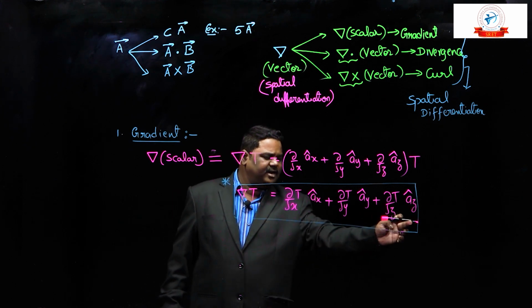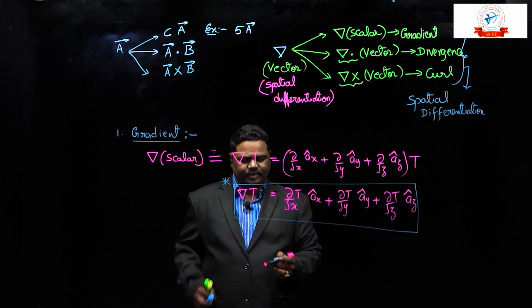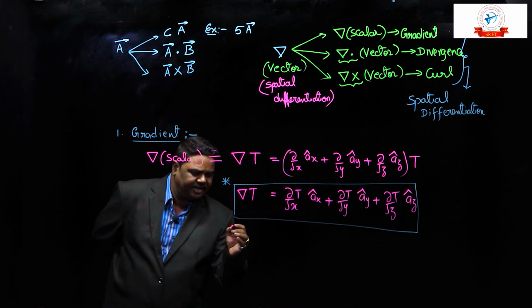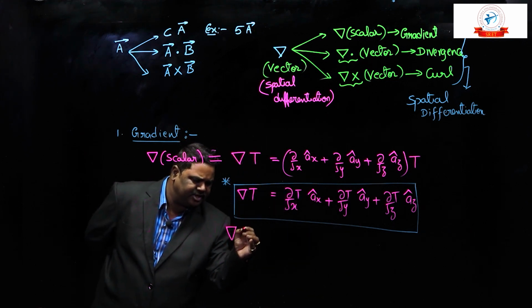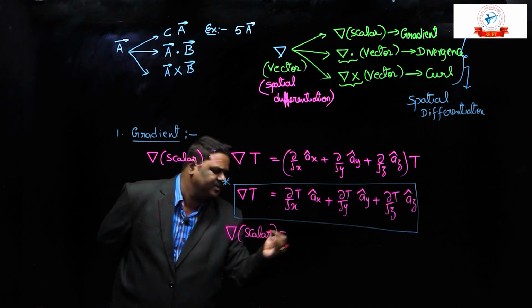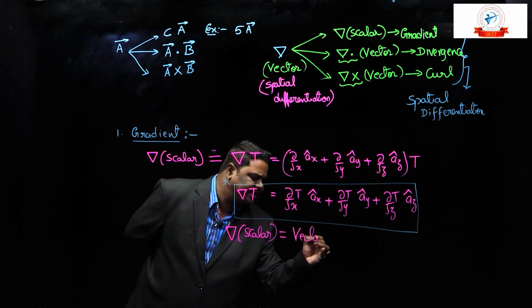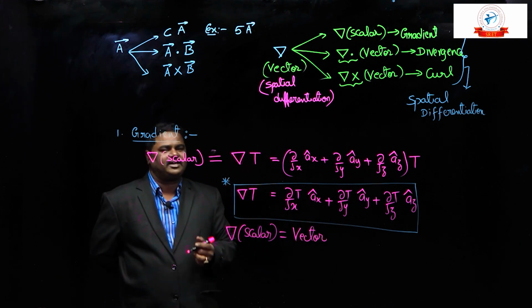Whenever any quantity or equation contains direction, it is called a vector quantity. That means the gradient operation is applicable only on scalar fields, and the result is a vector field, or a vector quantity.